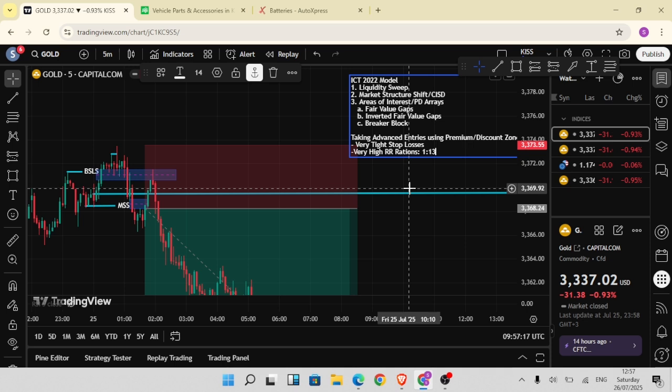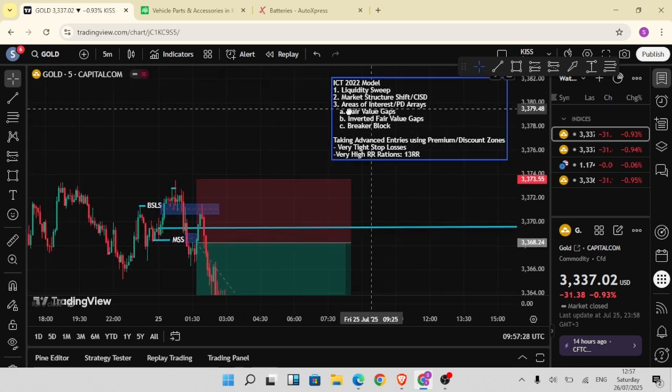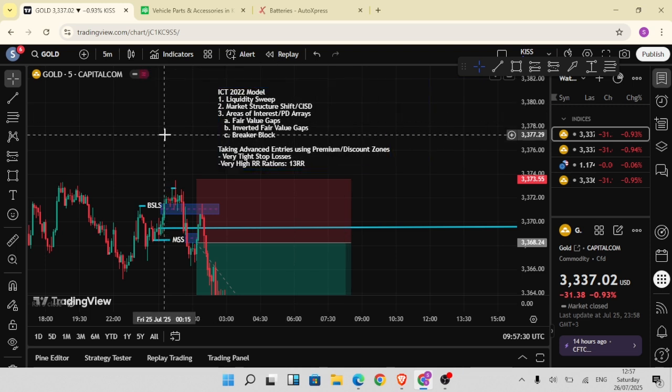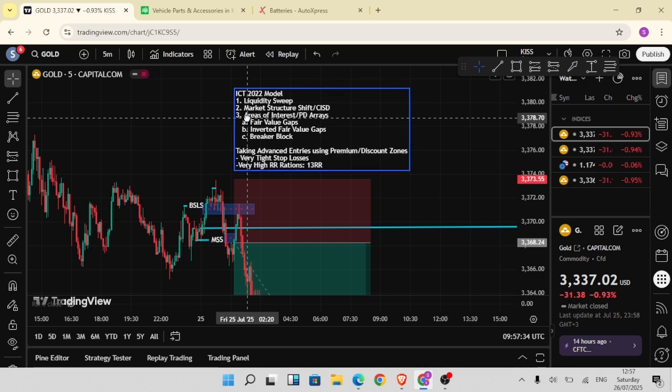I saw a trade that gave us up to 1 to 13. 13 RR is a very good risk to reward ratio, but that is going to happen in our next video, and up to that point, see you next time.